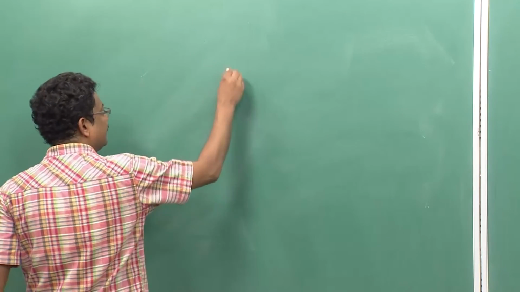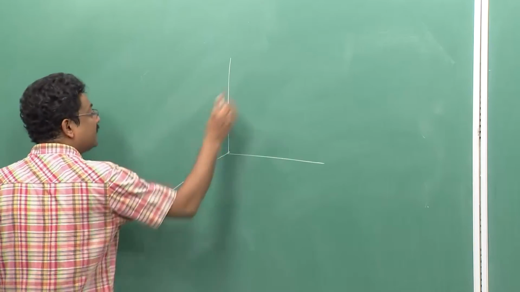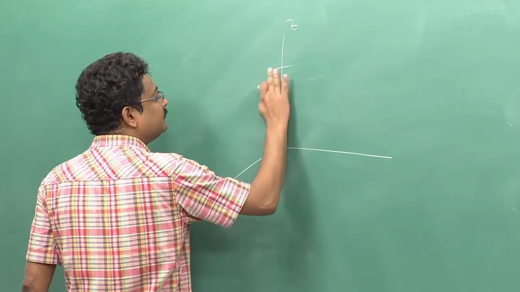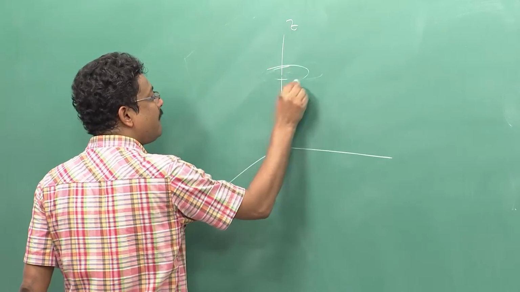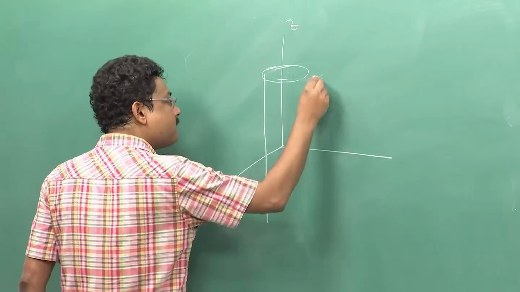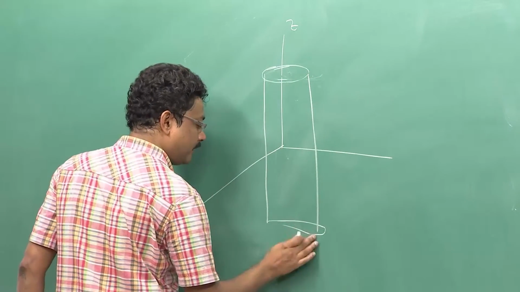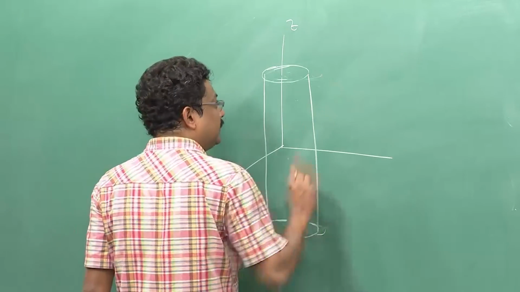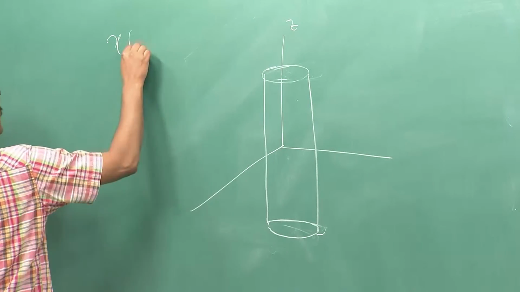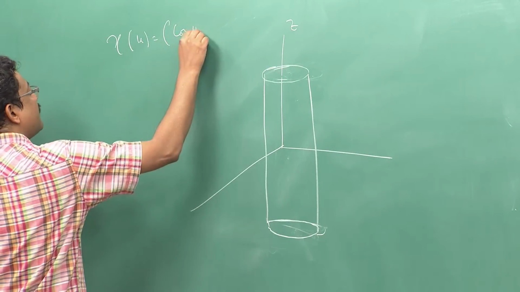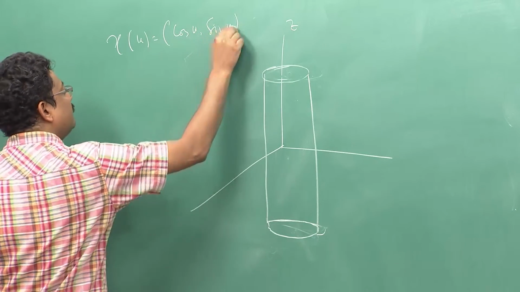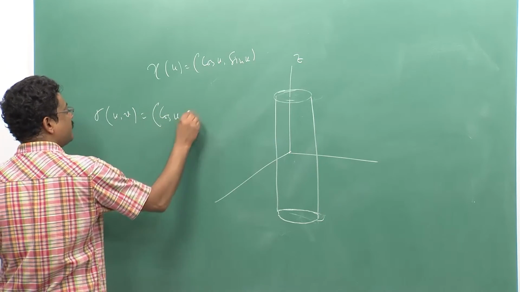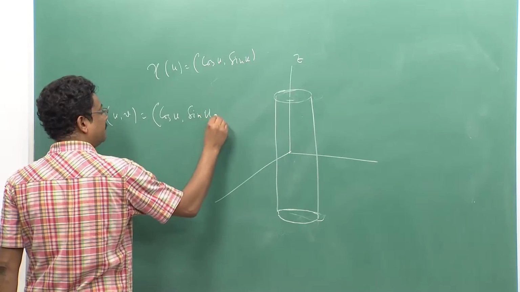Suppose I take the standard cylinder here, the cylinder of radius 1. So, gamma is your curve cos u, sin u, and the cylinder is cos u, sin u, v.